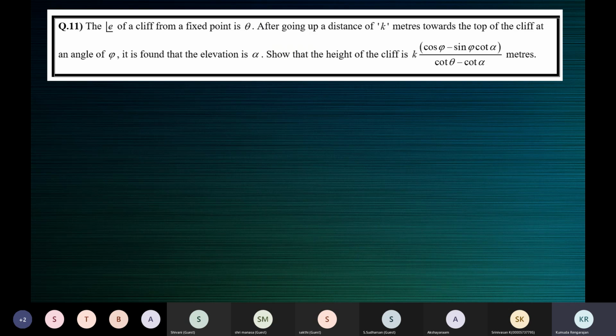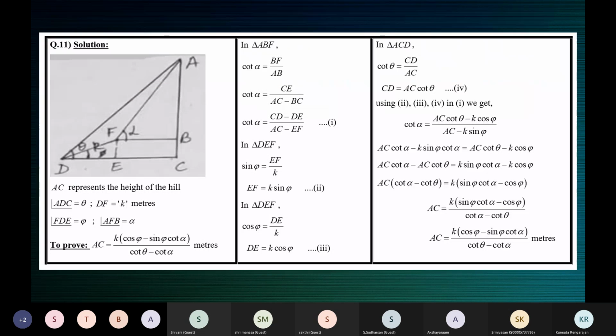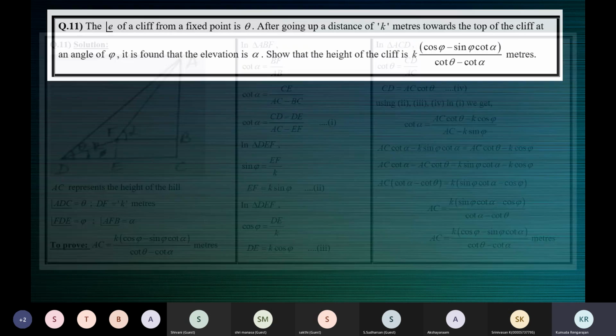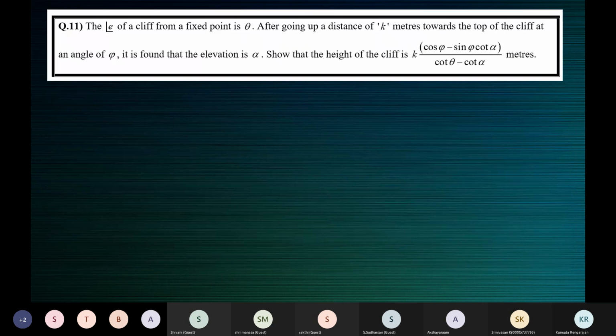The angle of elevation of a cliff from a fixed point is theta. So you can see the figure here. The angle of elevation of the cliff, meaning the summit. From the foot of the mountain, you're looking at the summit. The angle of elevation of a cliff from a fixed point is theta.